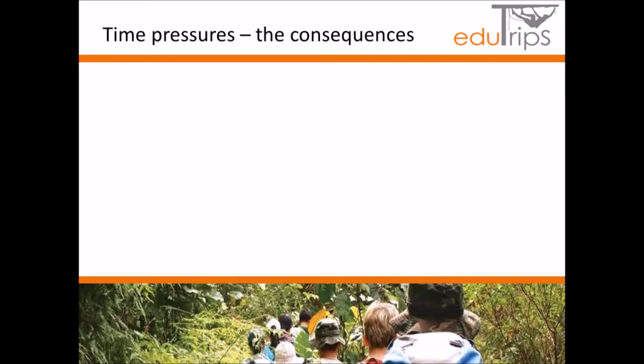We appreciate that college tutors and school teachers are constantly juggling responsibilities, and the admin associated with trips can be seen as a burden. Unfortunately, these time pressures can also have consequences, such as trips not being authorised correctly internally.